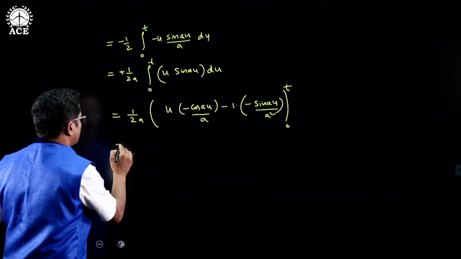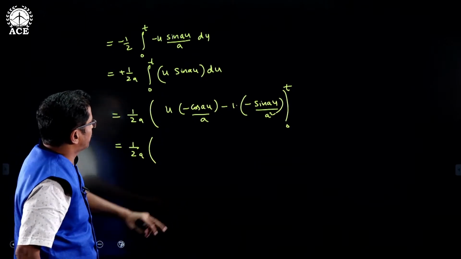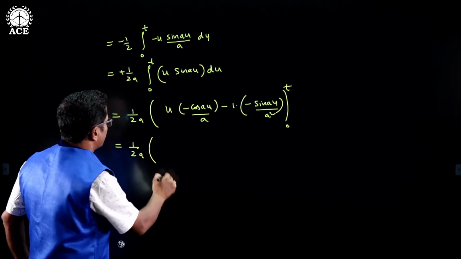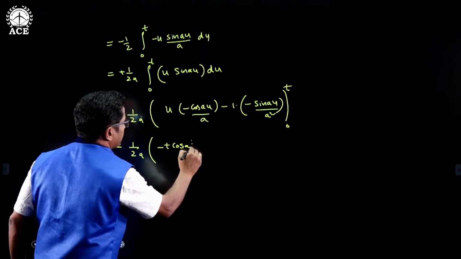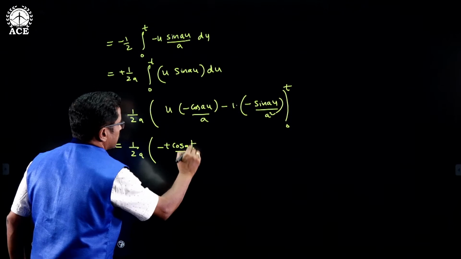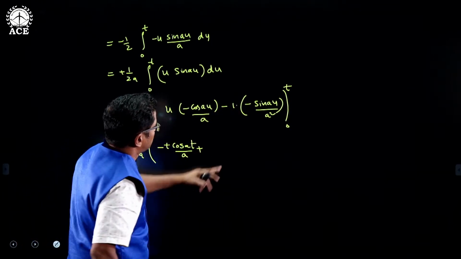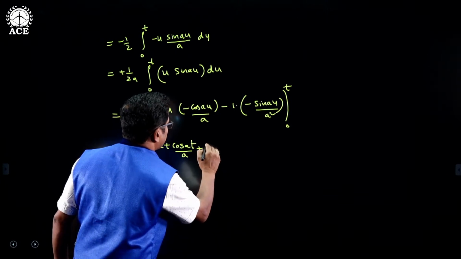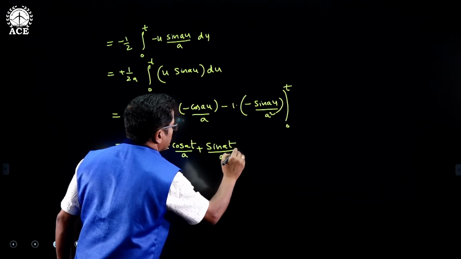So this equals 1 by 2a. Now you substitute the limits. For the upper limit it is going to be minus t cos at by a, minus into minus plus sin at by a square.